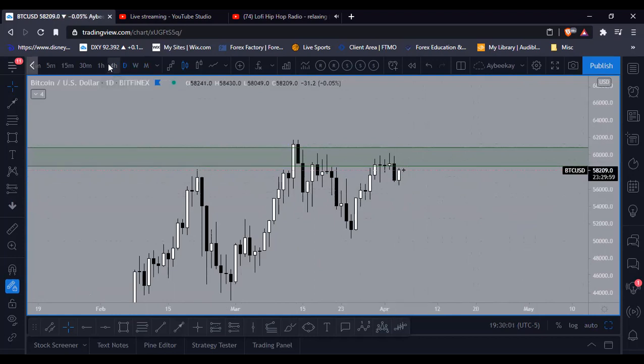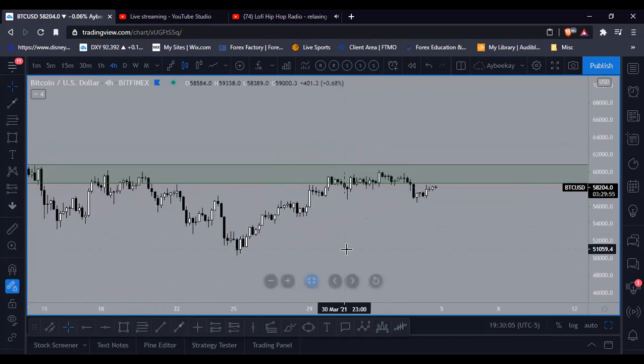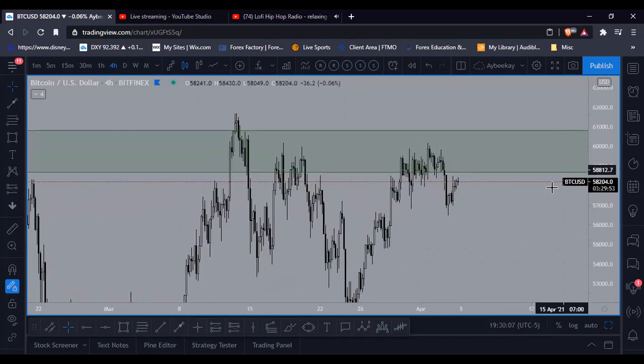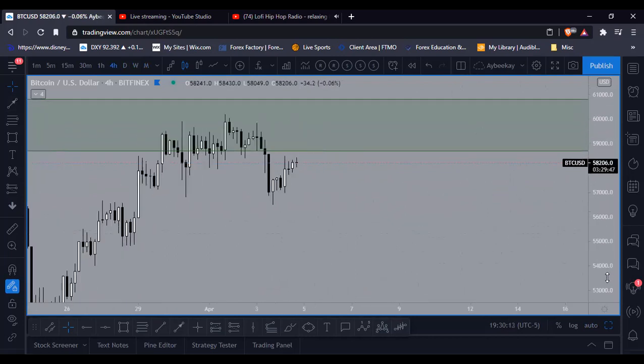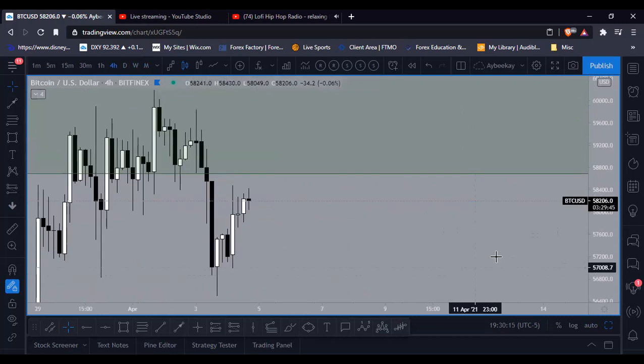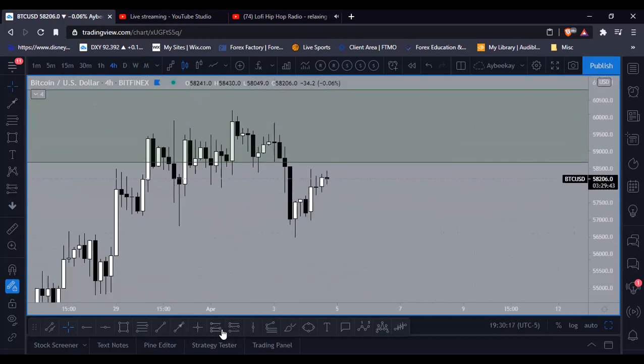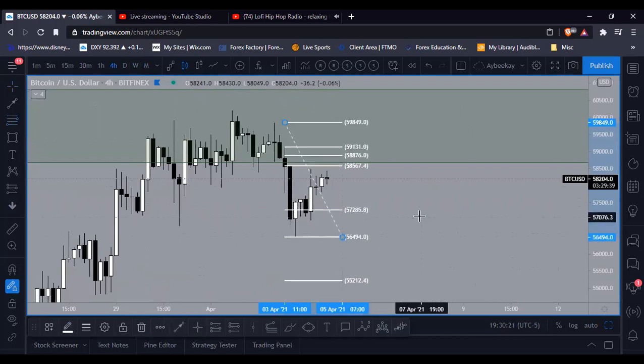What I did want to see though, if this is gonna sell for a short term sell, I already got the bearish breakout yesterday that I mentioned with what I was seeing for arbitrage. So now I got the breakout, I want the retracement back up to 58,876.